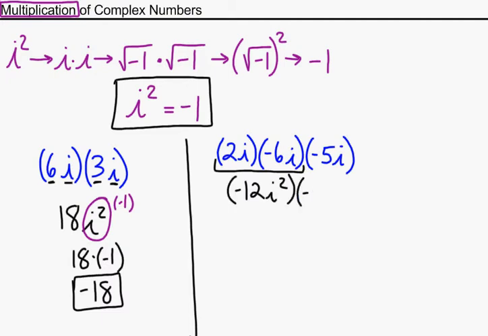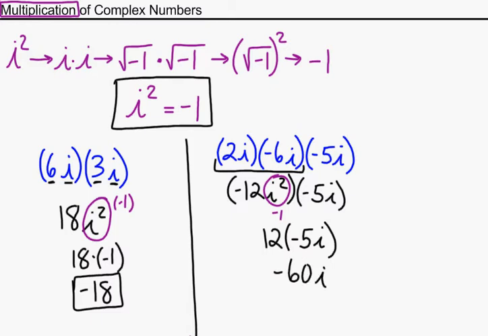And that's all multiplied by negative 5i. But I know that when I take i squared, it's really just negative 1. So negative 12 times negative 1 is really just 12 times negative 5i. I multiply that out, and I get negative 60i, which is my final answer. So again, the important thing to realize is that i squared equals negative 1.